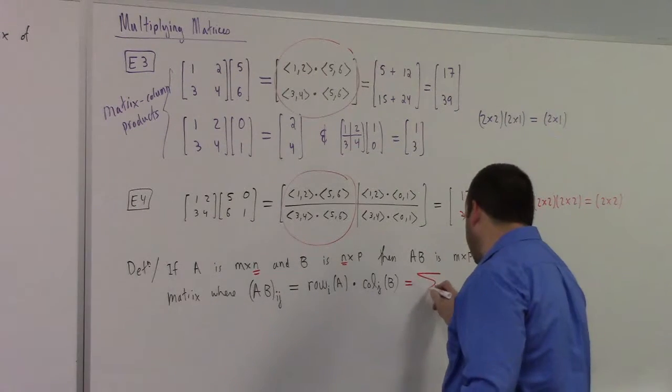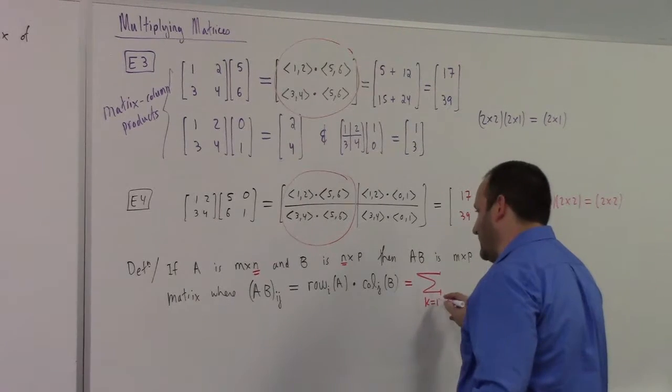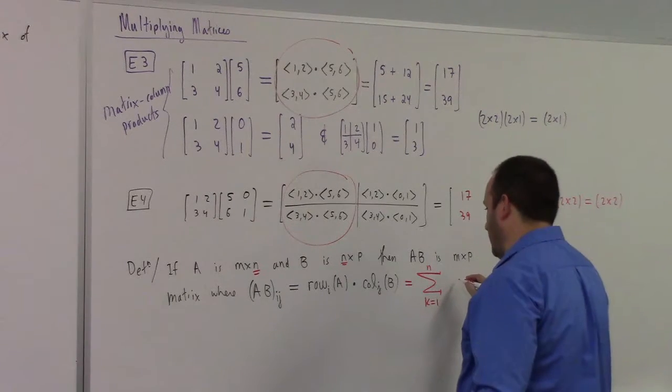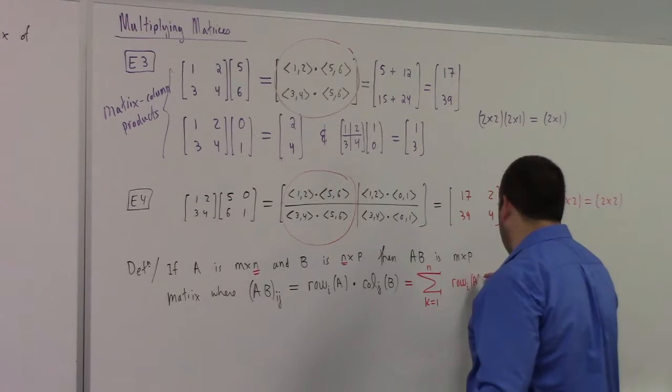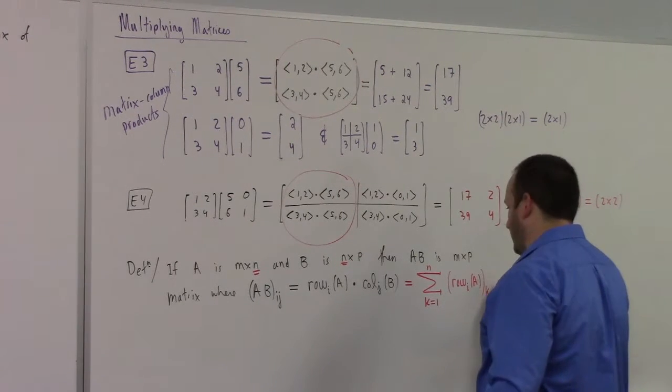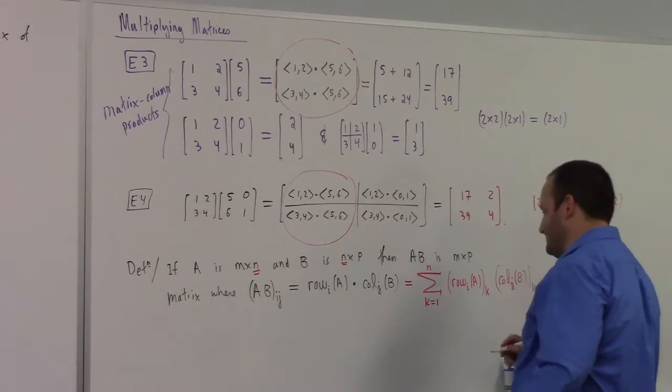This is the sum over k equals 1 to n of row i of A, the kth component of that, times column j of B, the kth component of that.